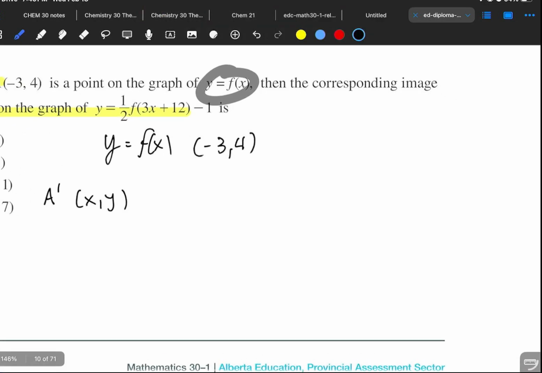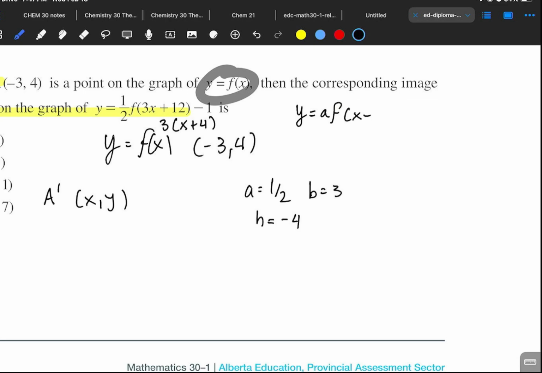So in these transformations here, we have a is equal to 1/2. We have b is equal to 3. And just remember to factor out the 3 here, because we're always wanting to factor out whatever is in front of x. So it would be 3 times x plus 4 to get our true horizontal translation. So our h value here, since we're adding to x, would be -4, just because of the nature of the y equals a f of b times x minus h plus k formula.